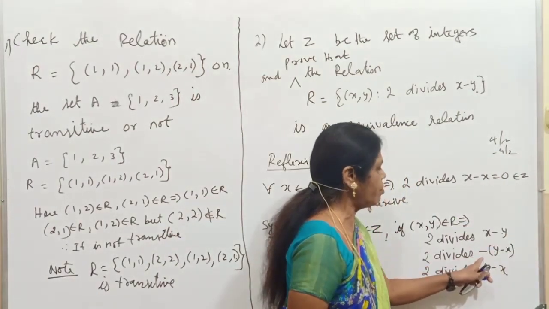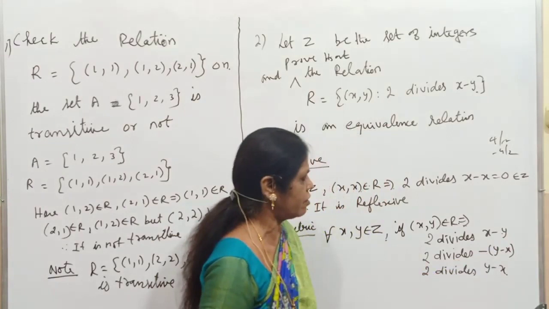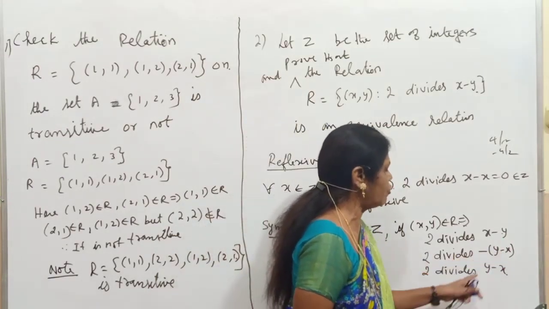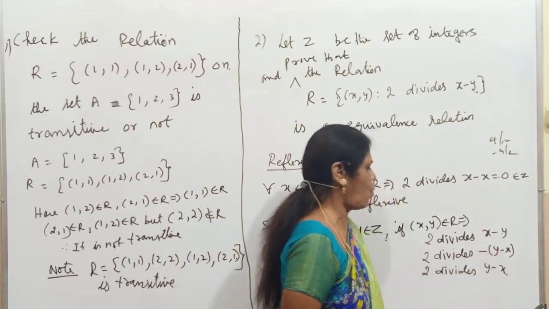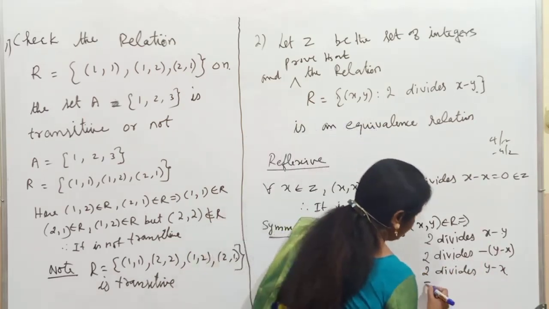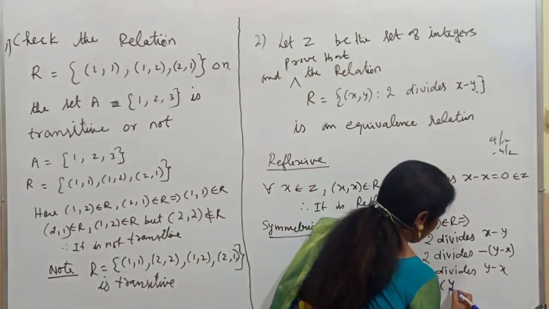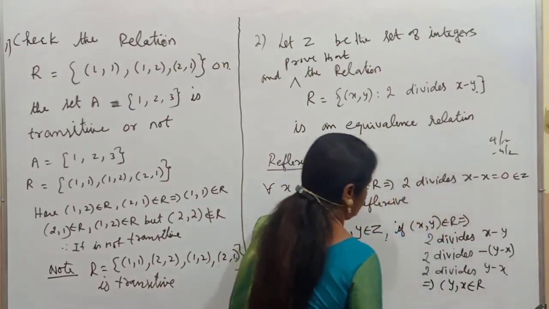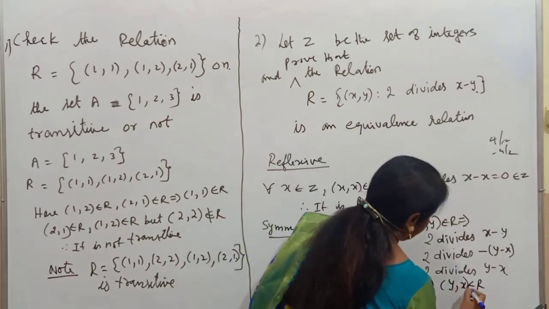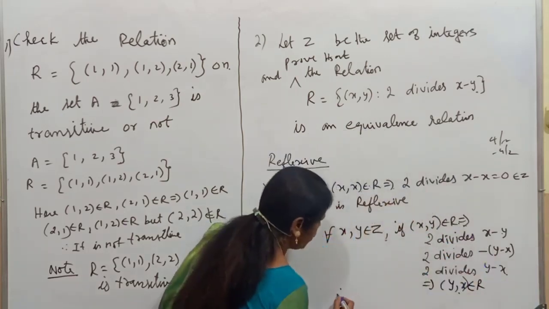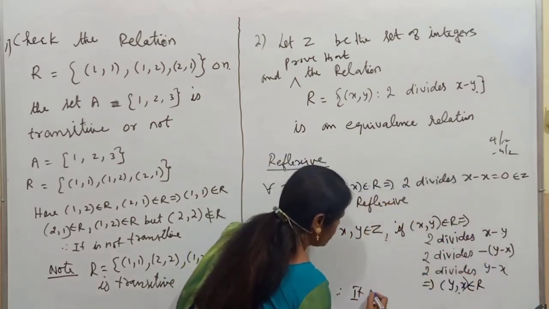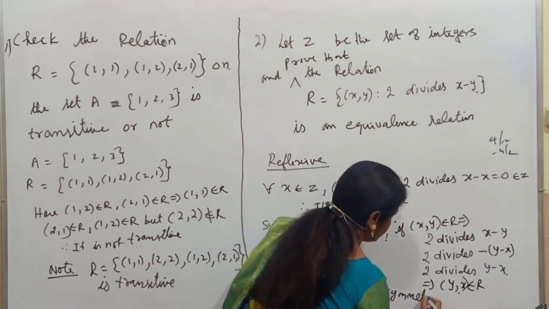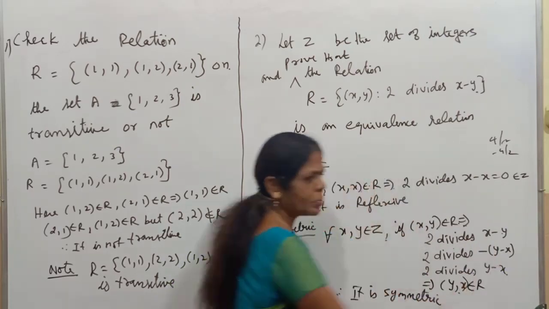X minus y can be written as minus of (y minus x), because 4 is divisible by 2, minus 4 is also divisible by 2. Which implies (y, x) belongs to R. Therefore, it is symmetric.